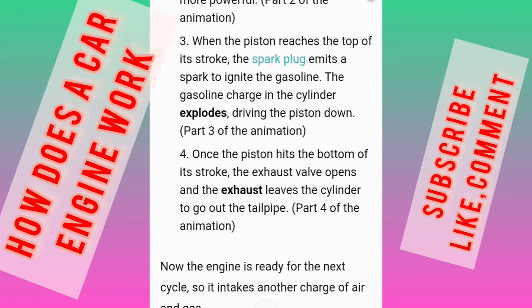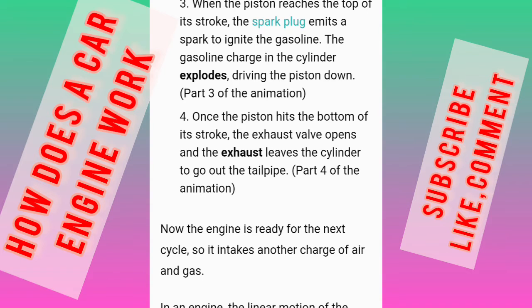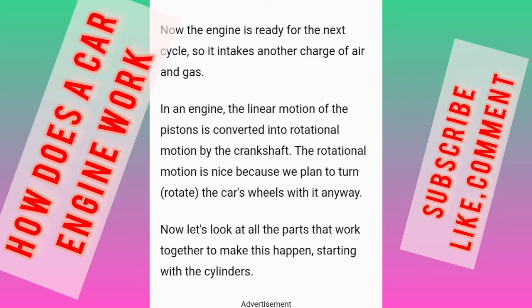Number four, once the piston hits the bottom of its stroke, the exhaust valve opens and the exhaust leaves the cylinder and goes out the tailpipe. Now the engine is ready for the next cycle, so it intakes another charge of air and gas.